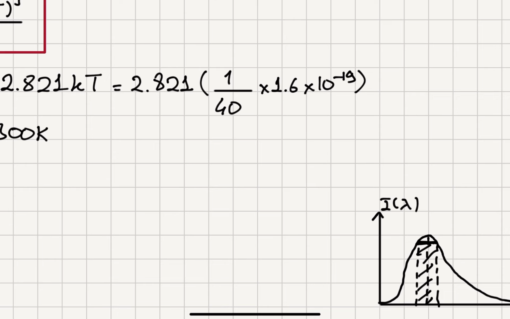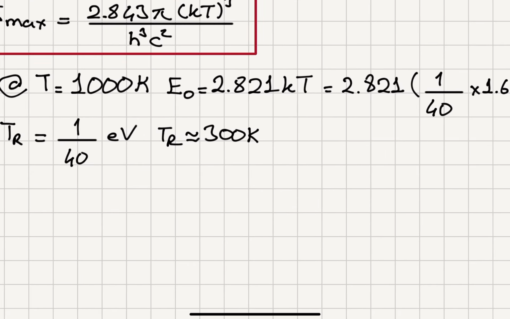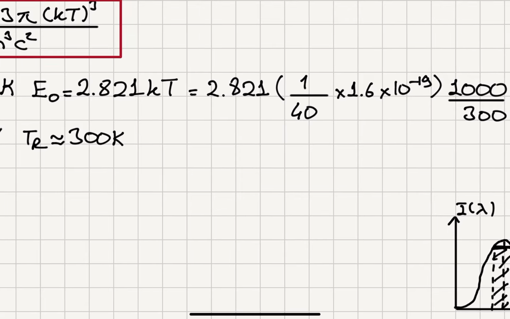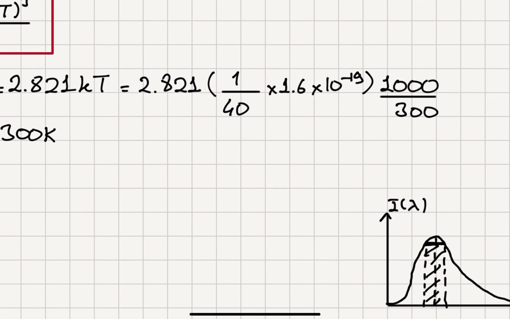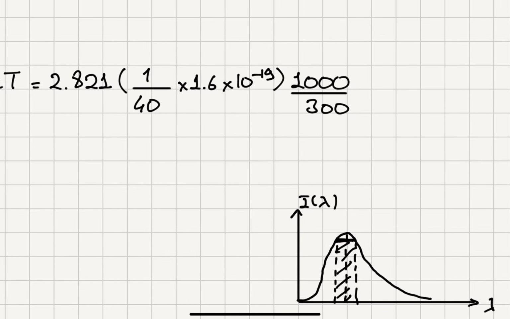But here we're operating at 1000 Kelvin instead of 300 Kelvin. So this will be multiplied by 1000 over 300 to convert the kT value at room temperature to the kT value at 1000 Kelvin. So this will give us an E0 value of 3.76 times 10 to minus 20 joules.